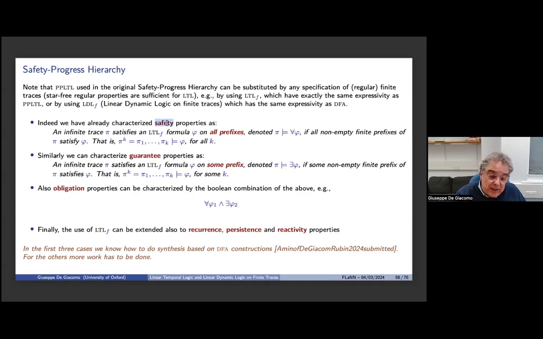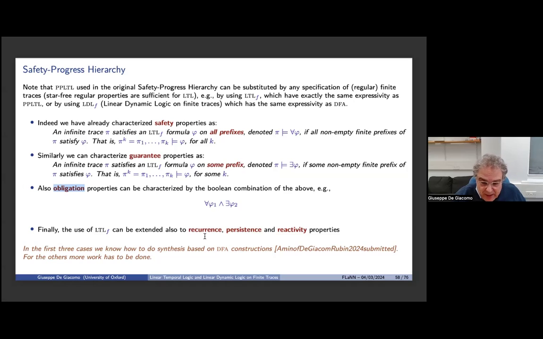While we know that this is true for safety, it's true for guarantees, it's true for obligations, you can use essentially arenas or automata that are built on finite traces, although then the acceptance condition will be much more complicated, maybe a parity condition.